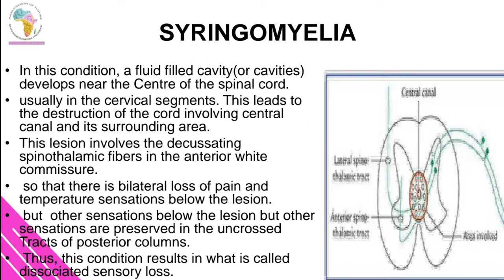this is why the patient might present with bilateral loss of pain or temperature sensations below the lesion, because we know this is where the lateral spinothalamic tracts cross over, and the lateral spinothalamic tracts are involved in pain and temperature sensations.